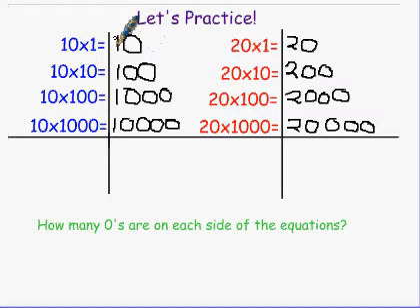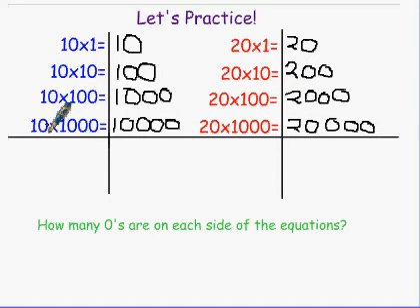How many zeros do I have on either side of the equation? Over here, I have 1 zero altogether and I've got 1 zero in my solution. Here I've got 1, 2 zeros in my problem, and I have 1, 2 zeros in my product. I've got 1, 2, 3 zeros in my problem, and 1, 2, 3 zeros in my product.